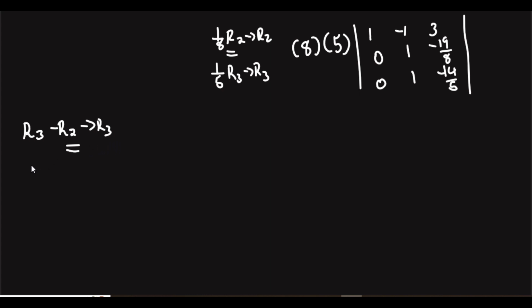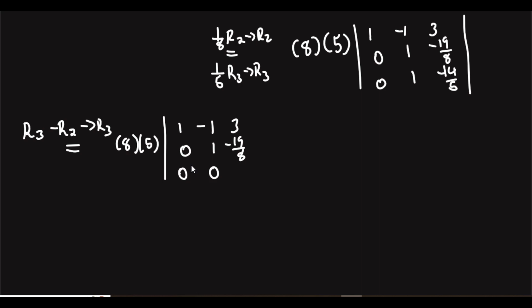Let me just write it here. So 8 multiplied by 5, and then here we have 1, negative 1, and 3, here I have 0, and then 1, negative 19 over 8. So here I'm going to have 0, and then here I have 0, and then remember I said row 3 minus row 2, so we'll have negative 14 over 5 minus negative 19 over 8.